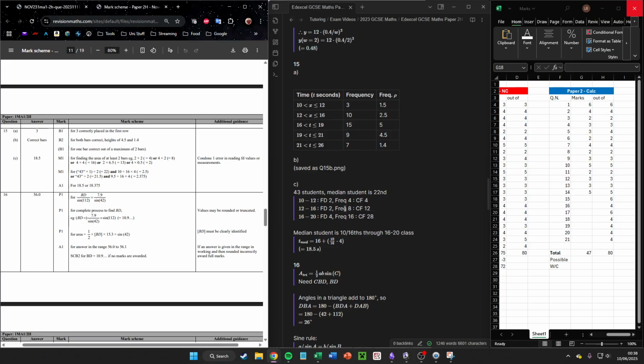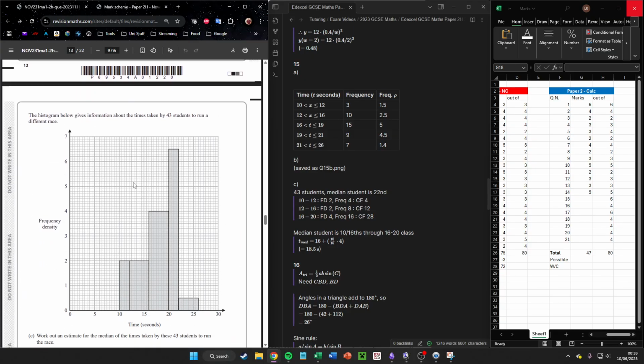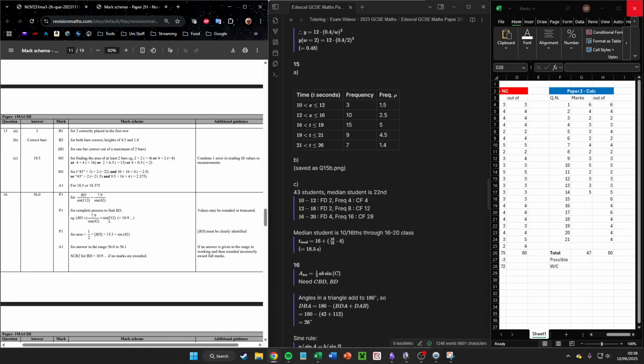And then this is for a second histogram that you're given here. You've got to find the areas of this one, and this one. 4, yep, 8, yes, and 16. And then doing some maths about what? Well, 43 plus 1 divided by 2 is 22. And this off.